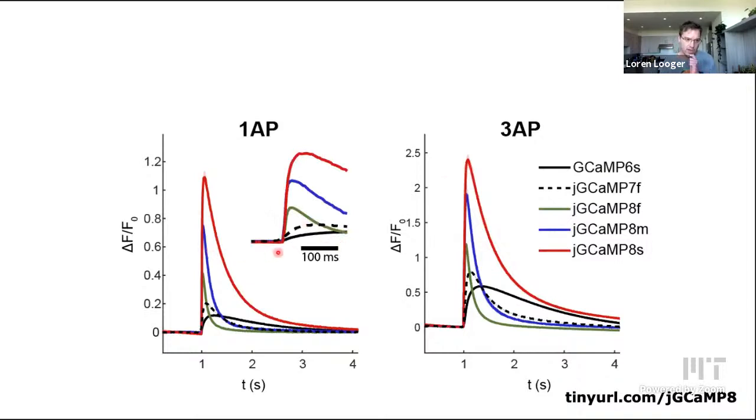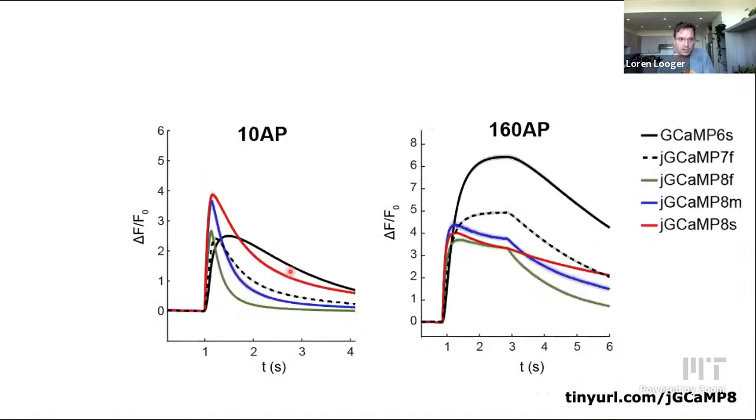If you zoom in to the rise time to the single spike, you're getting like a 10 millisecond, maybe even 5 millisecond rise time from a single spike. So really many-fold faster than the previous generation. They are still great out to 10, 40 action potentials or so.